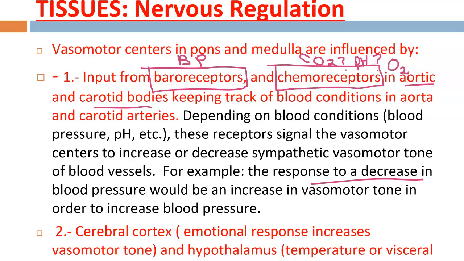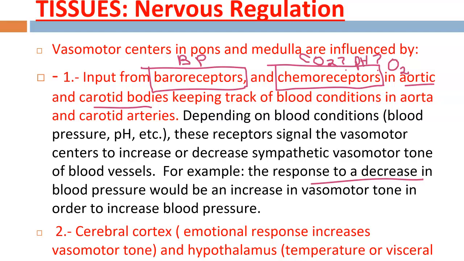Because blood pressure is read essentially in the aorta, blood pressure will increase. So blood pressure is the pressure in the aorta. If we divert blood from everywhere else except these important organs, there will be more blood in these organs and blood pressure will increase.